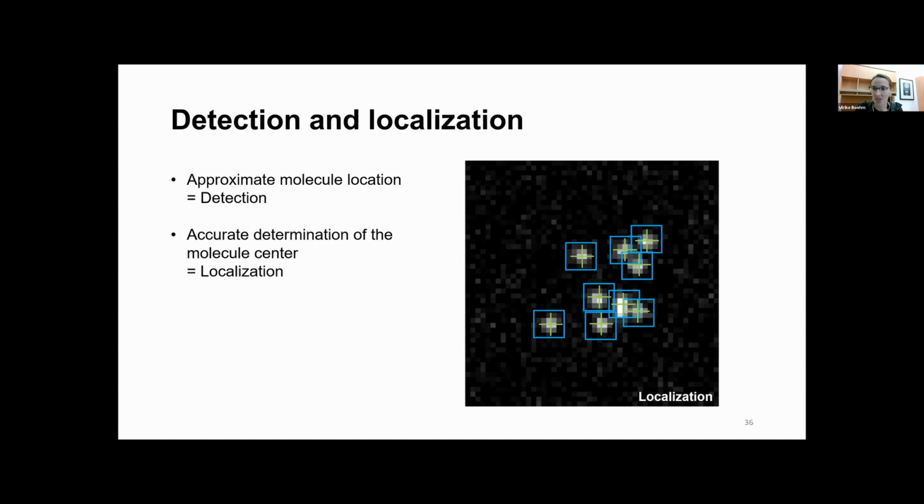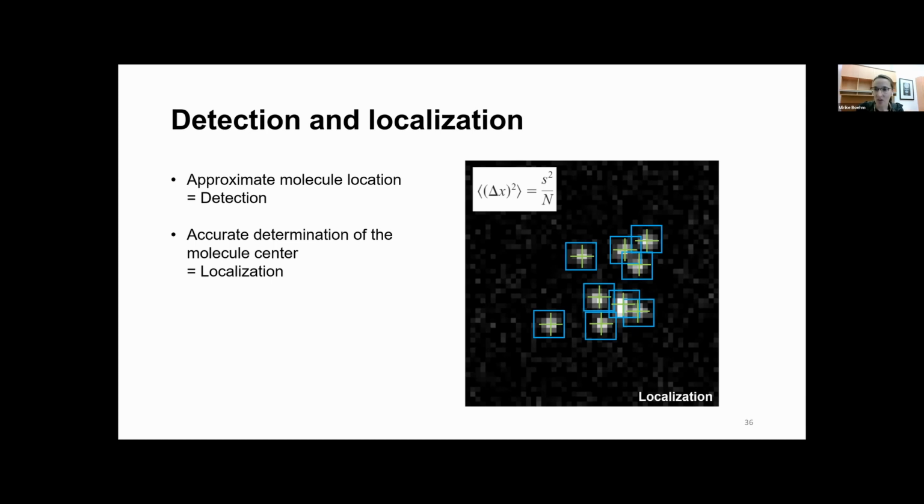So you would like to know where exactly the center of the single emitters is. Unfortunately, this cannot really be determined super precisely. So you can get a number of X and Y where approximately the signal of the single emitter came from, but you always end up with a specific uncertainty, just because it's an estimation of the underlying position of that single emitter.